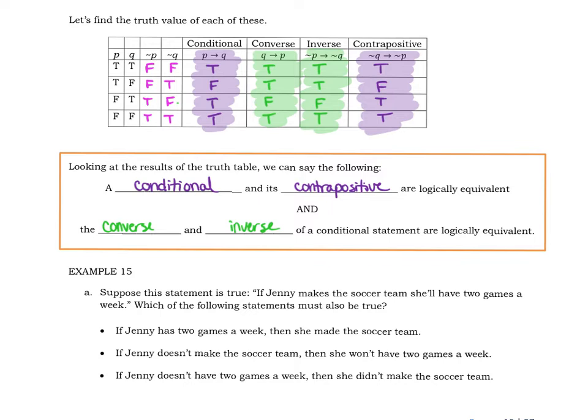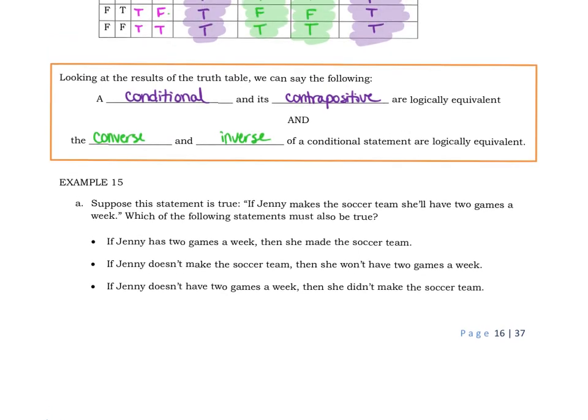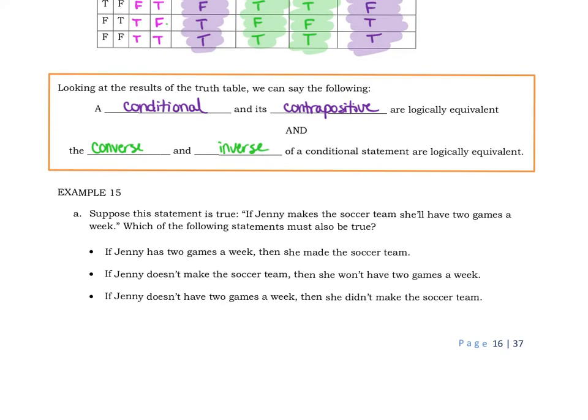This is one of the ways that you can evaluate that. So we're going to take a look at some statements, and we're also going to decide if one statement is true, which of the others must be true based on whether or not we have a conditional and a contrapositive, a converse and an inverse, etc.